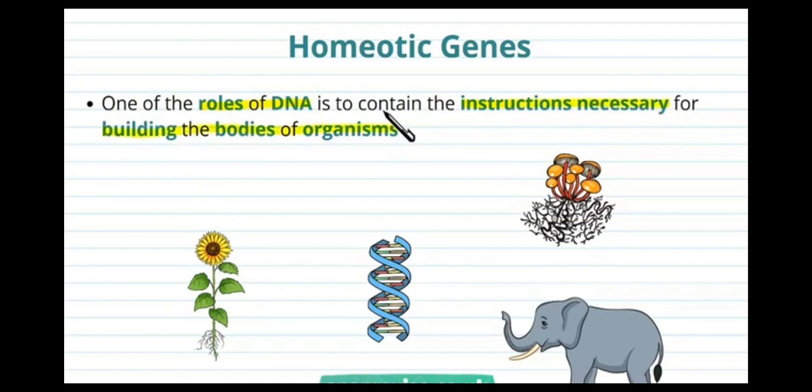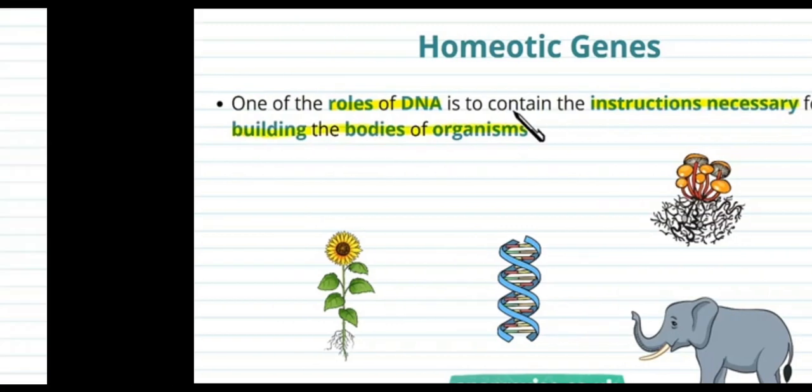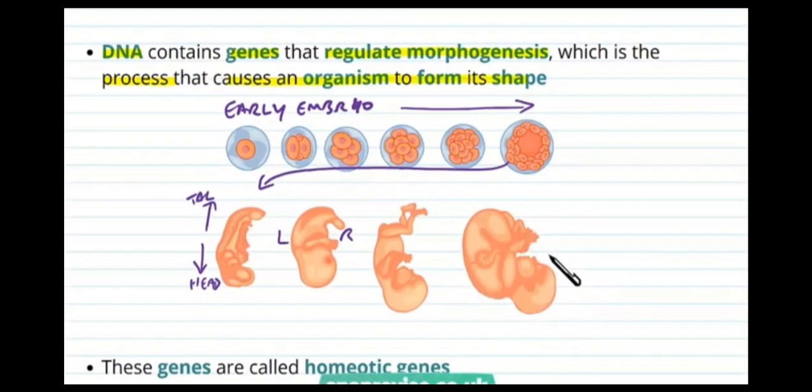Certain regions are the anterior region, certain regions are the mid region, and certain regions are the hind region or the posterior region. DNA contains genes that regulate morphogenesis, which is the process that causes an organism to form its shape.